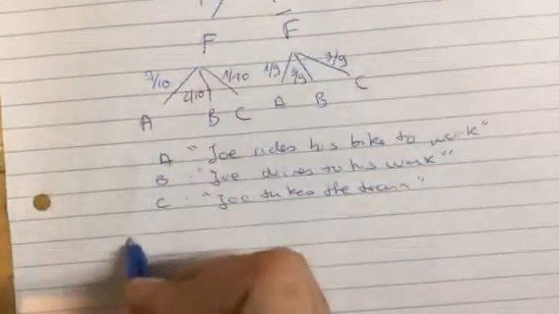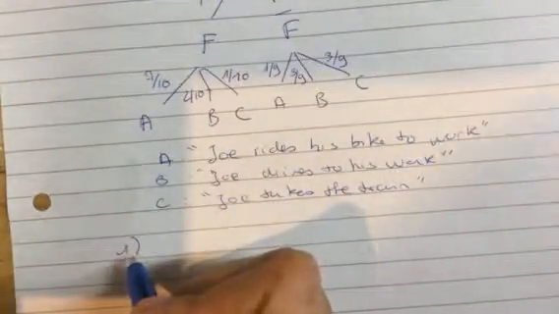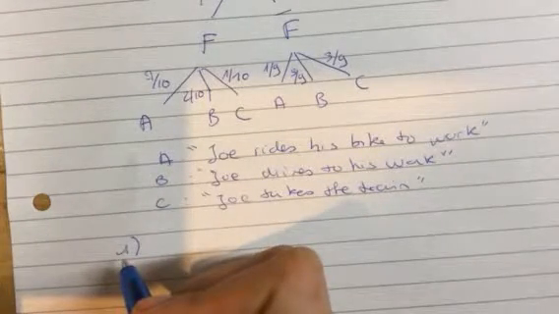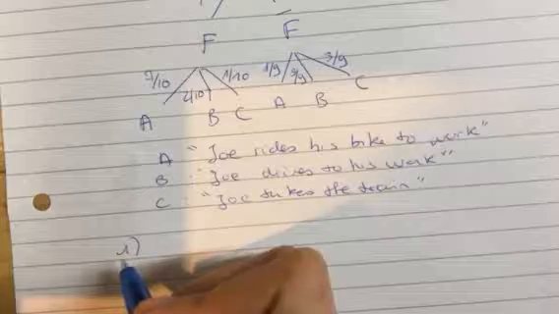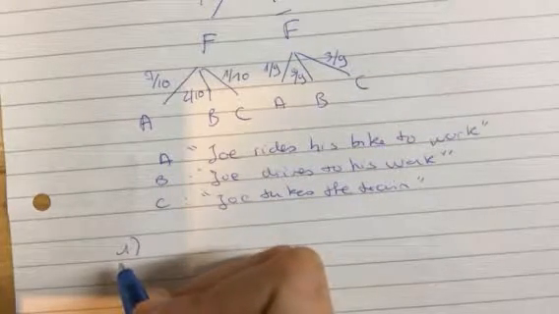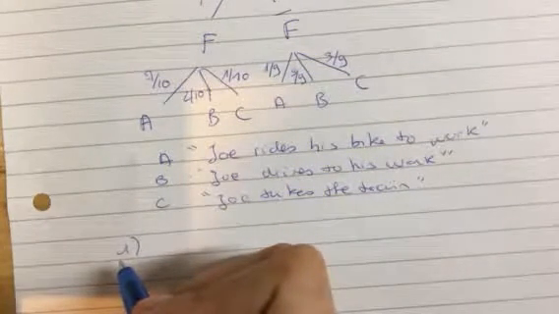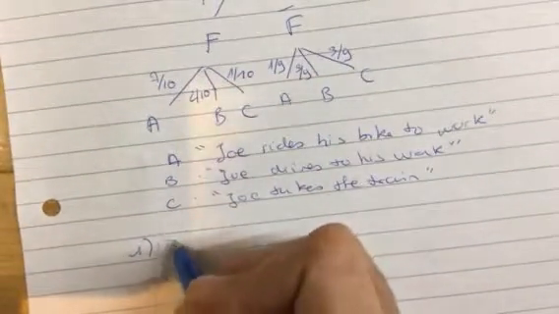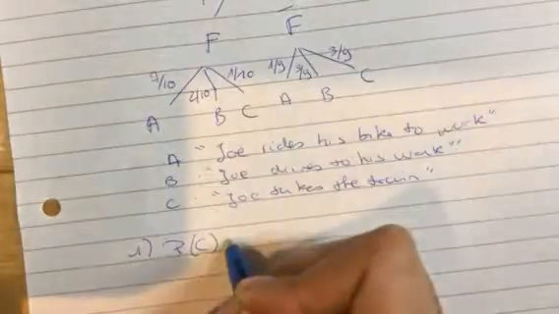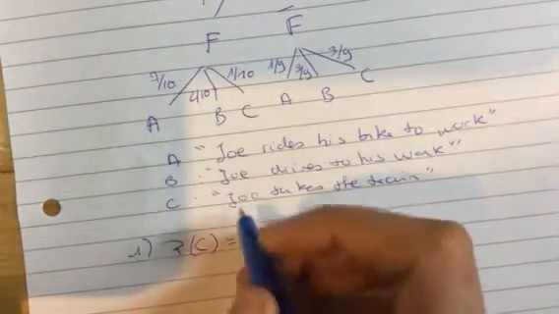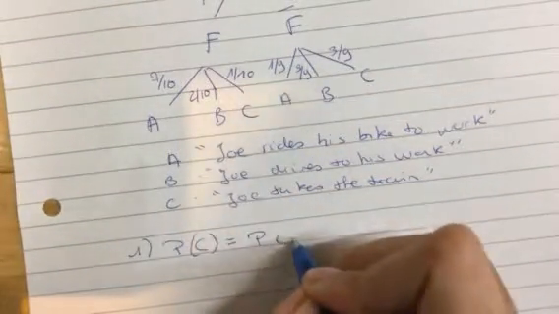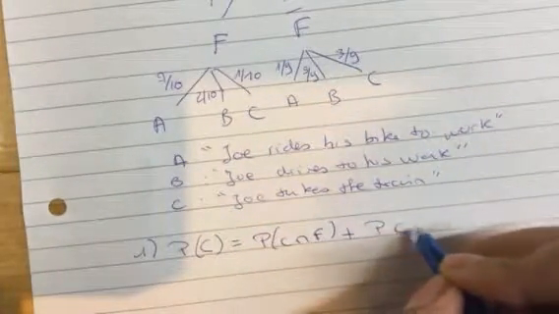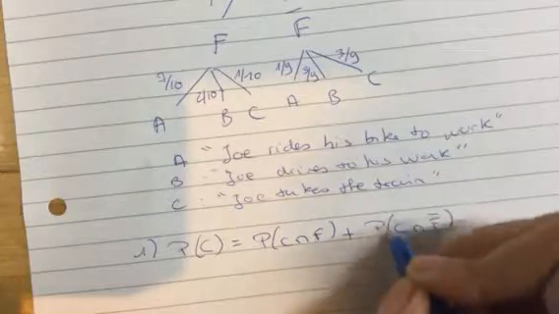Question number 1. For any given day, whether a fine day or a wet day, what is the probability Joe takes the train to work? So it would mean P of C, and it equals P of C intersect F plus P of C intersect F bar.